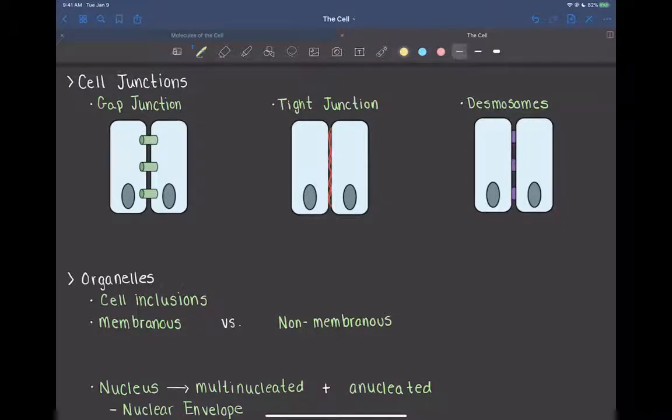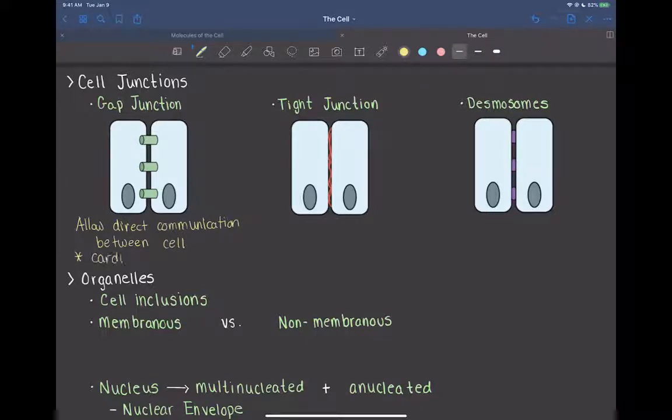Okay, and so gap junctions allow direct communication between cells. Okay, so they have like a direct line to each other. And one really clear example we see of this is with cardiac muscle cells. All right, so we can make a note of that here.